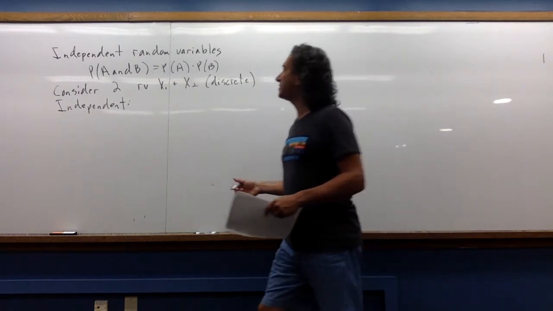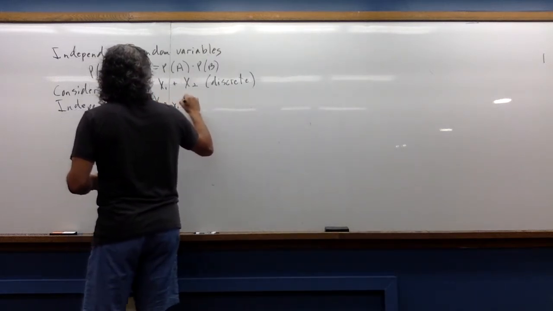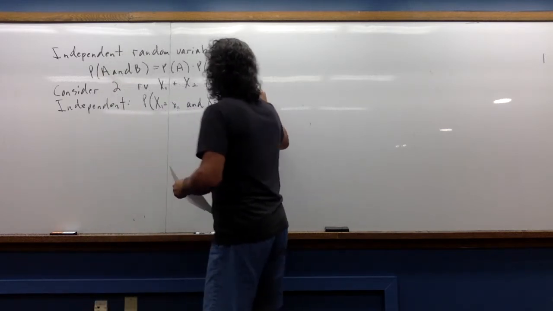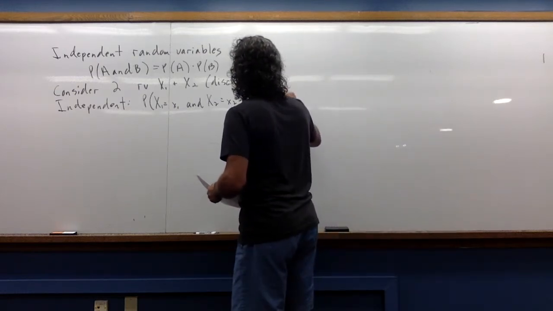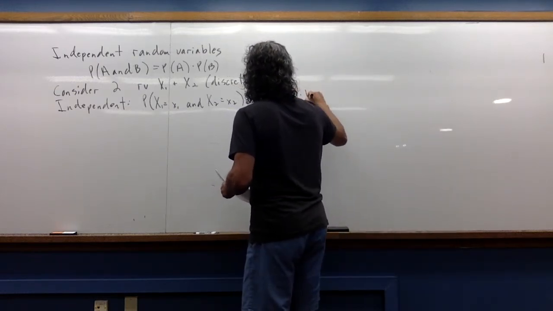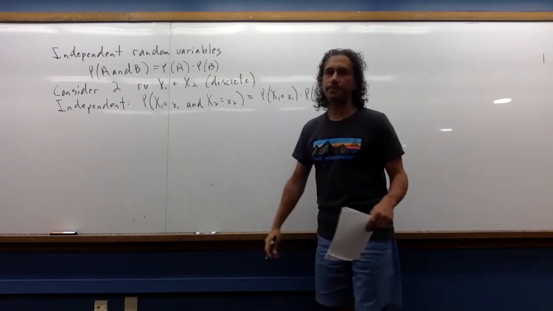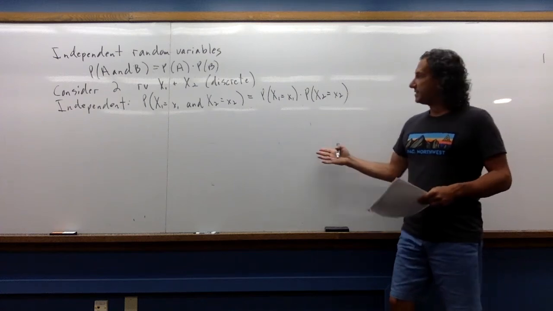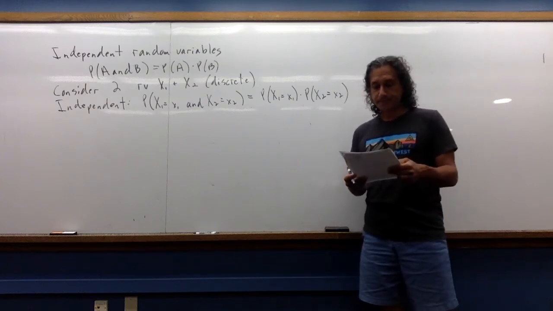So for two random variables to be independent, the probability that x1 is some value and x2 is some value is going to be the probability that x1 equals x1 times the probability that x2 equals x2. And again, you play this game for n random variables.